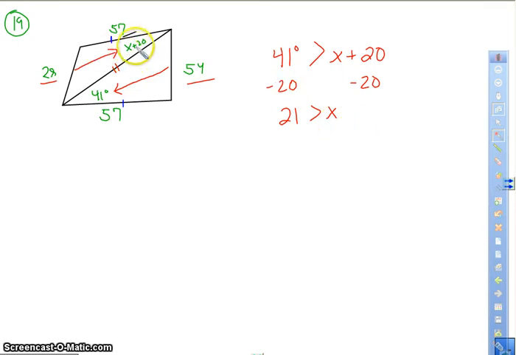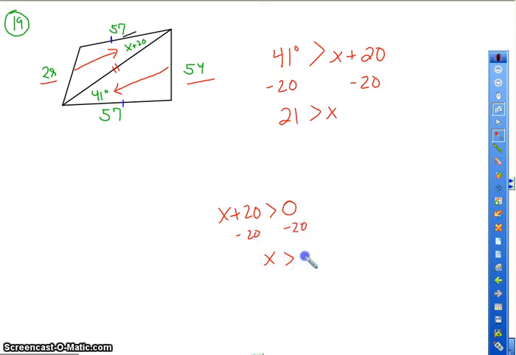Well, negative 40 plus 20 is going to give you a negative angle measurement, which is impossible. So I need to use the fact that x plus 20 has to be greater than 0. I'm going to solve for x. I'm going to subtract 20, and x has to be greater than negative 20.